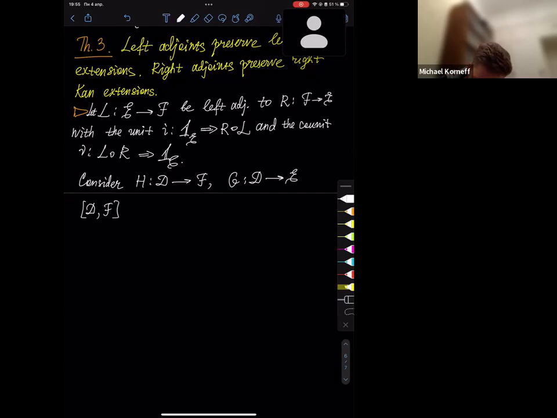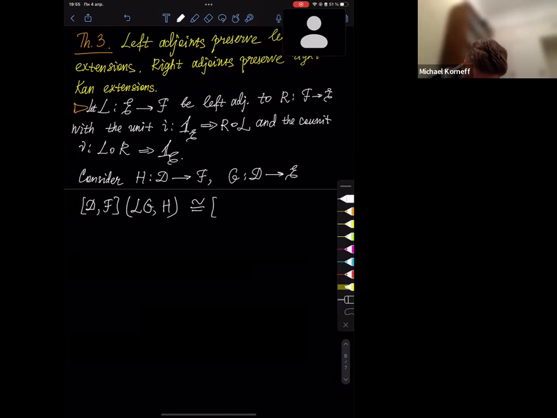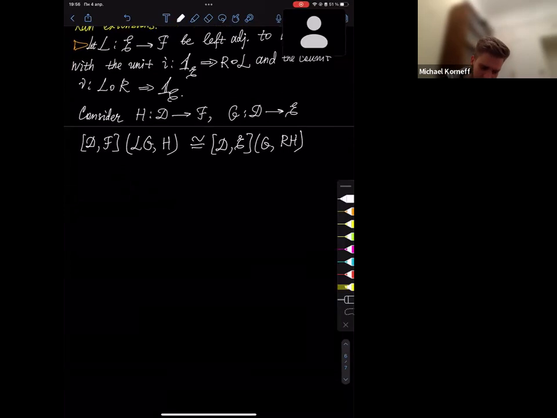Natural transformations between these functors are in one-to-one correspondence with these natural transformations from G to RH. And thus we can write the following.